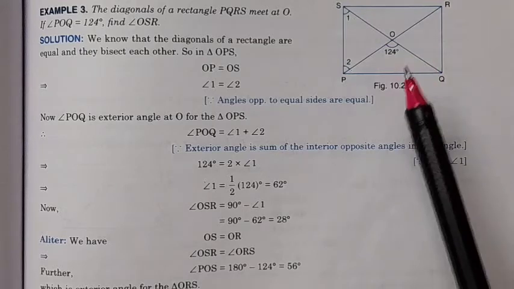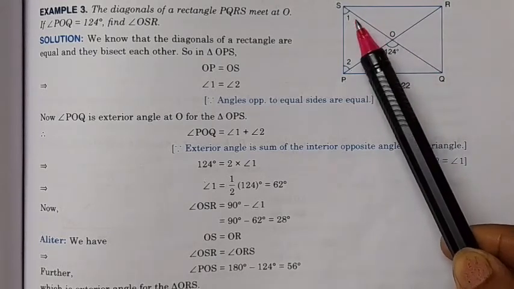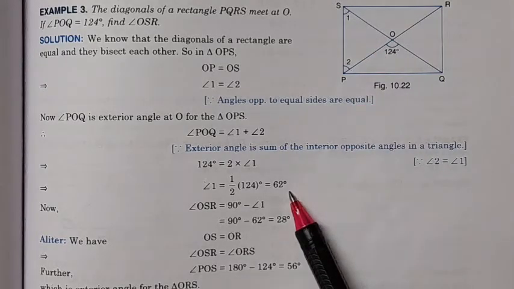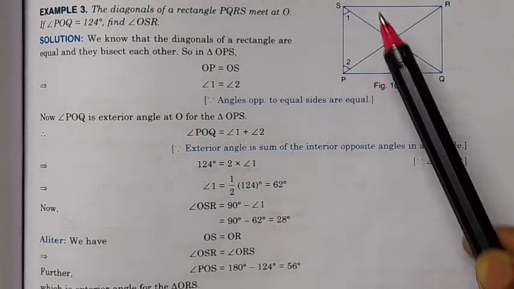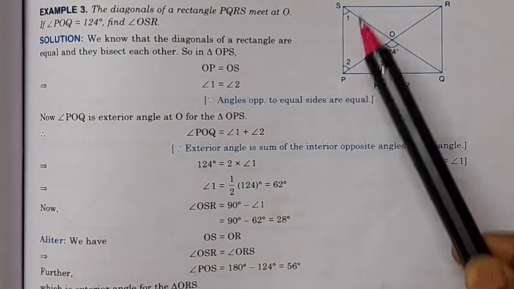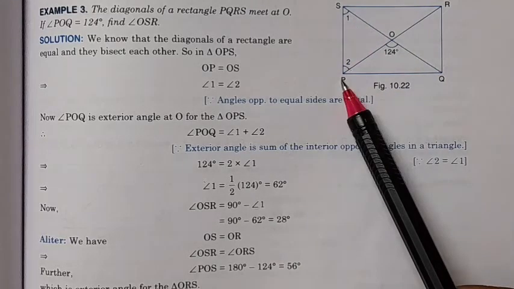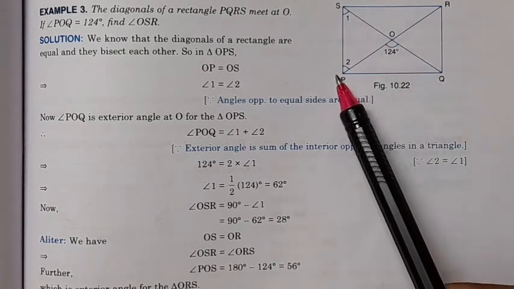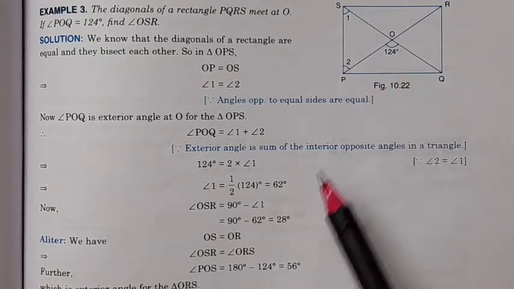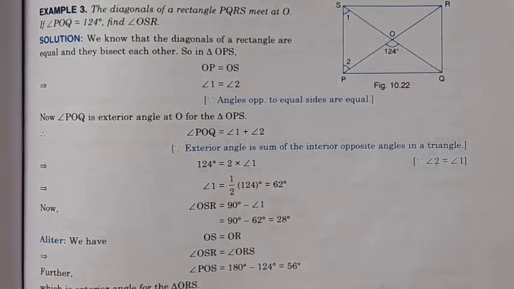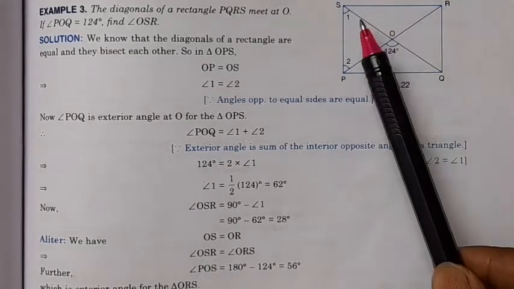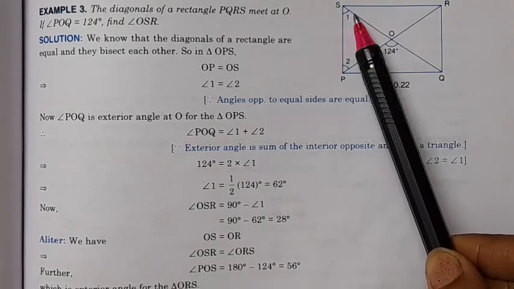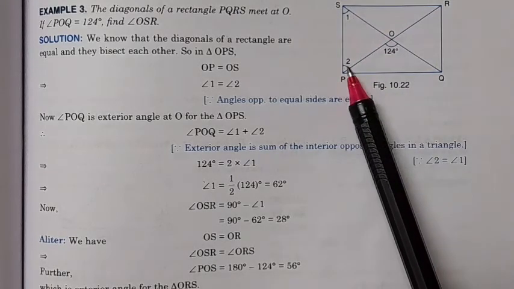So, now angle 1 will be equal to 62 degree. Why? Because angle 1 and angle 2 both are equal. If sum of these two is 124 degree, that means either one is equal to 62 degree. That is half of 124. Clear? So that means angle 1 is 62 degree. Angle 2 is also 62 degree.